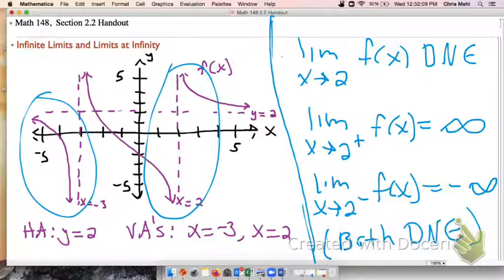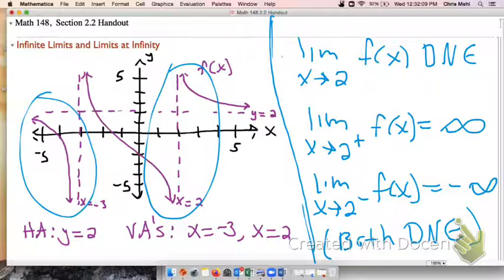Whenever you have a vertical asymptote, the right-hand or left-hand limit at that vertical asymptote is always either infinity or minus infinity, or at least one of them has to be. In this case, both of those limits were infinite.